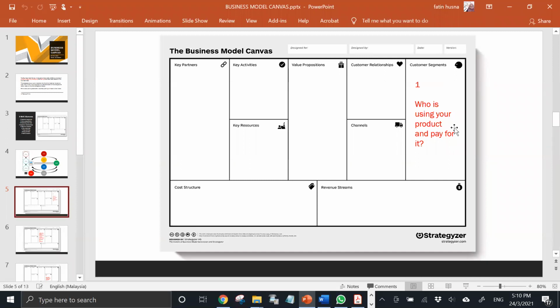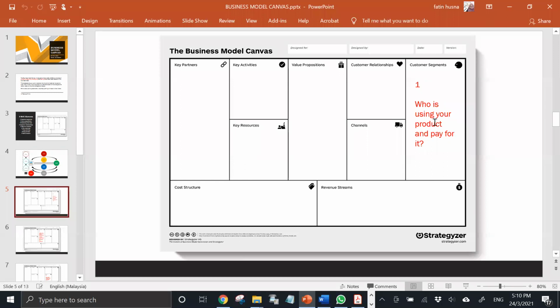But for example, I give you an example. A husband buying a scarf for his wife. The one who actually used the scarf is the wife, but the real customer is actually the husband, the one who actually pay for it.